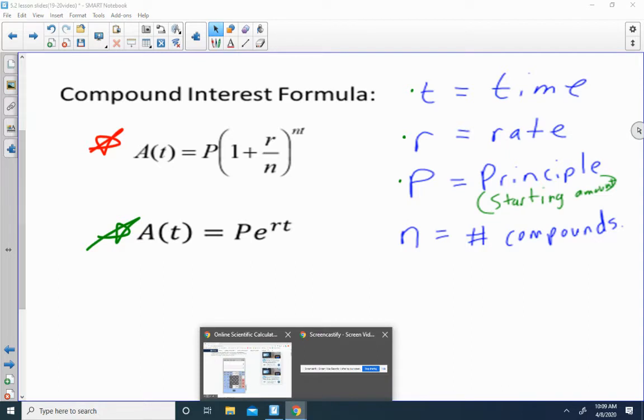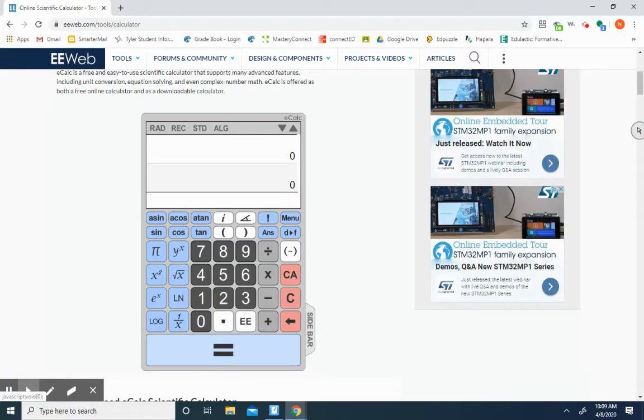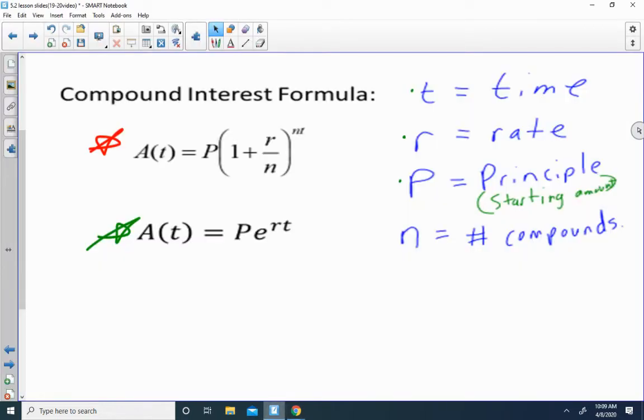And speaking of calculators, if you do not have a calculator handy with you, I recommend that you go to this website, eeweb.com/tool/calculator. It'll have all the tools you need for this lesson. So just want to make sure you have that handy. We'll be using that in today's lesson. So let's go ahead and get started.